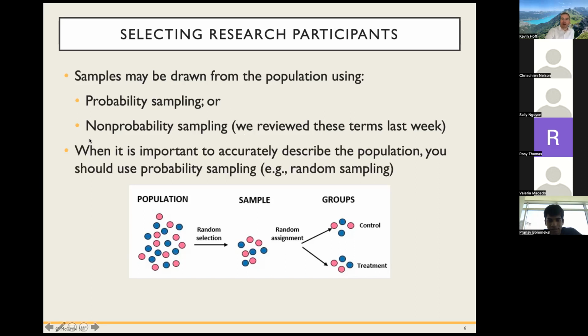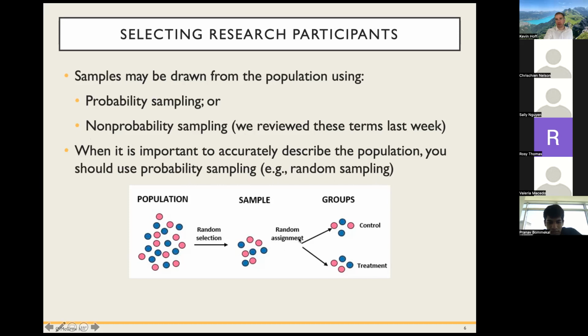So if we really want a sample that accurately describes the population, we need to use probability sampling. The simplest way of doing probability sampling is called simple random sampling, which is just random selection, like we're randomly selecting people from the population to participate in our study.